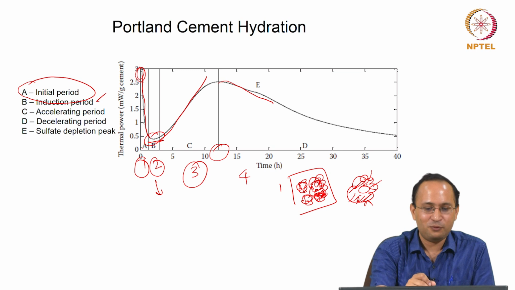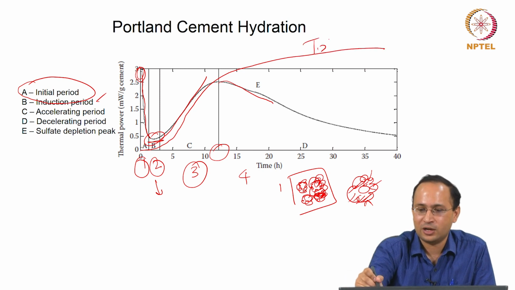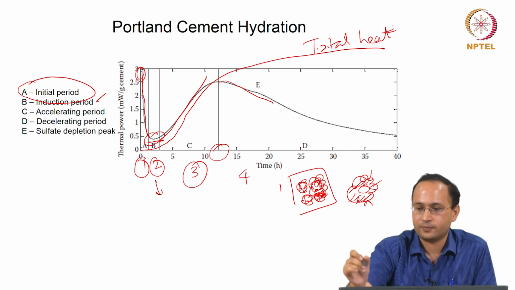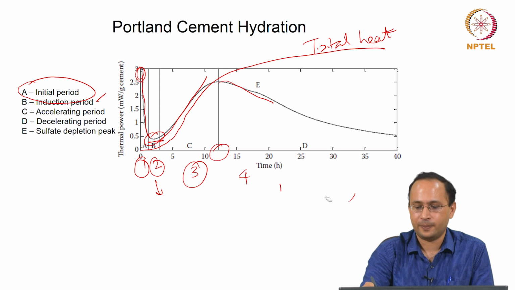So this, if we have to plot, for an example, now cumulative heat, right, the plot will be something like this. So this is total heat. Clear?